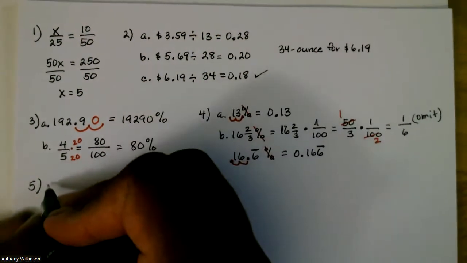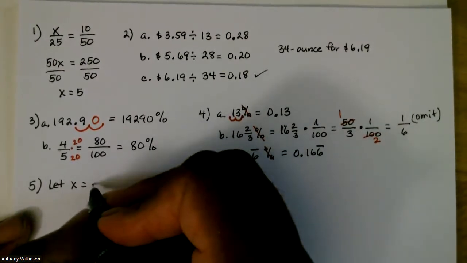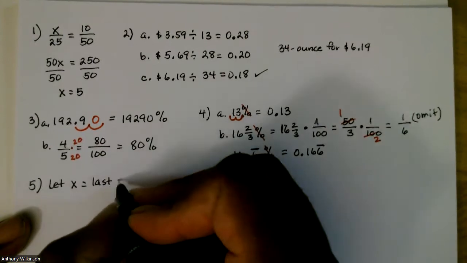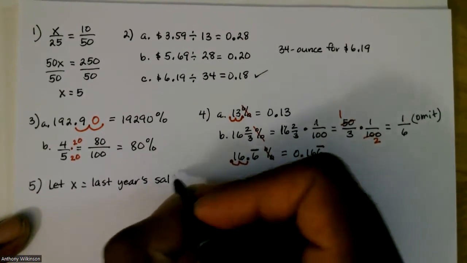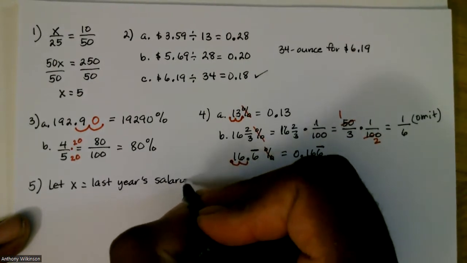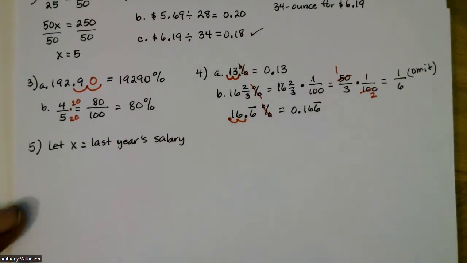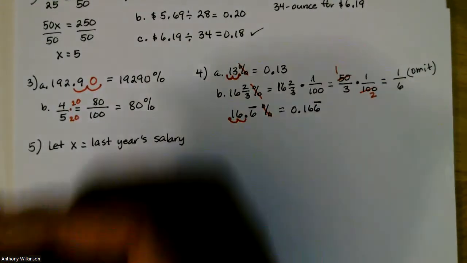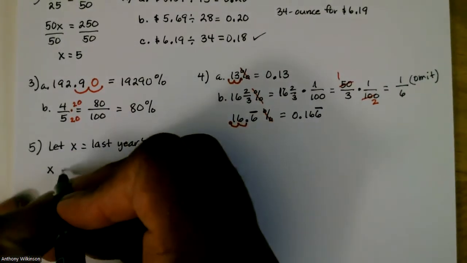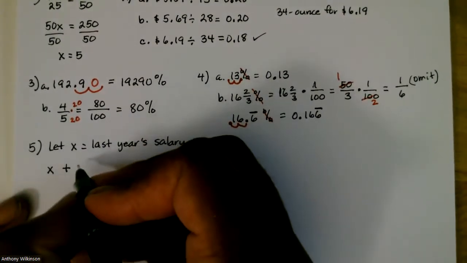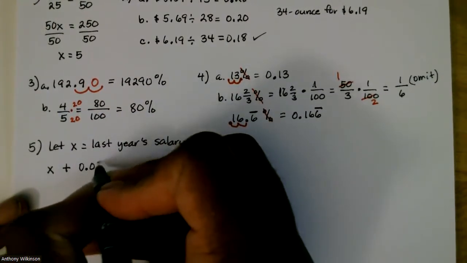So we're going to let X equal last year's salary. Now, we're told that she got a 5% raise. So that means her salary from last year, that's X, plus the 5% raise, which was 5% of the salary that she got from last year.